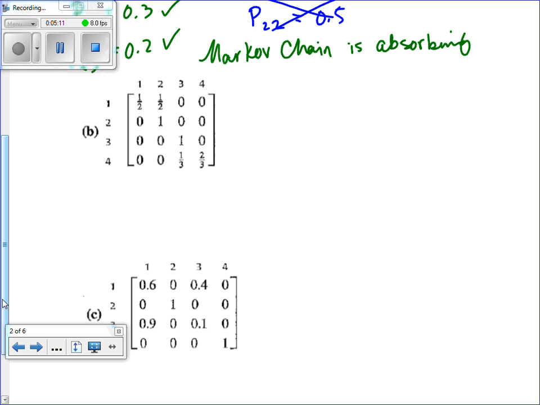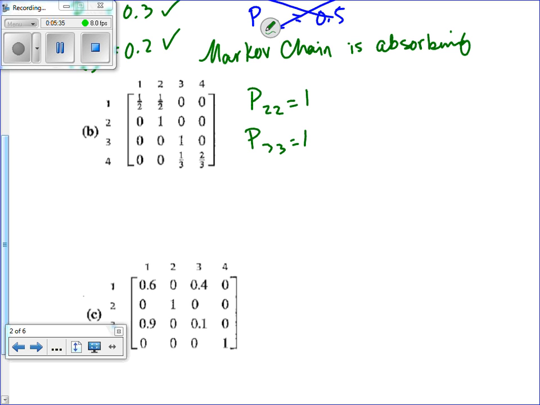And for part B, we're looking for the same kind of thing. The probability of 1 to 1 is 1/2. The probability of 2 to 2 is 1, so that's an absorbing state. The probability of 3 to 3 is 1, so that's an absorbing state.